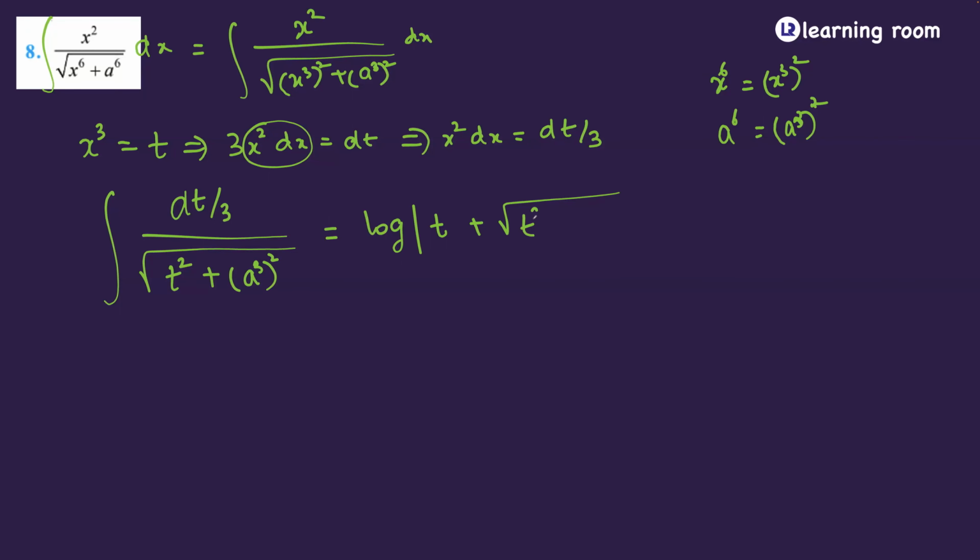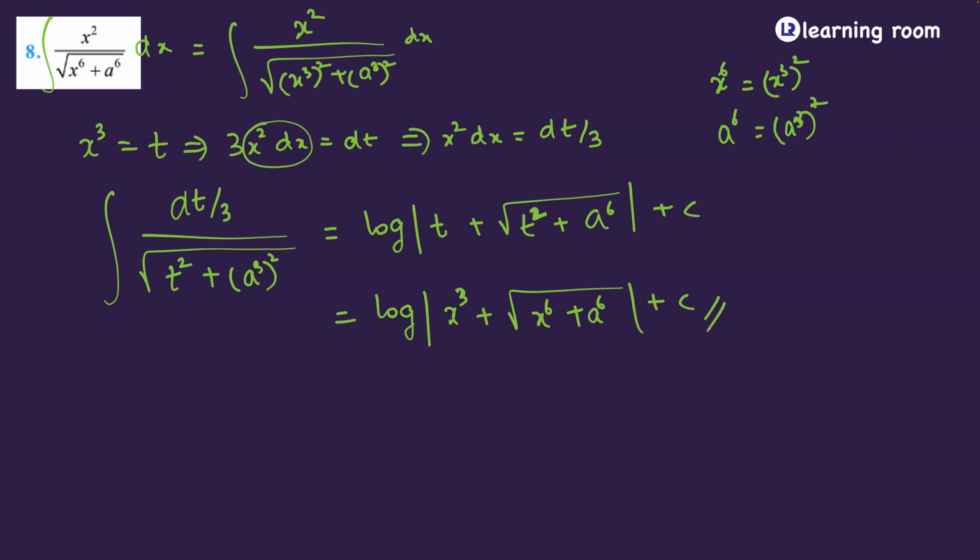So it is t square plus a power 6. Right? Plus c. So this is going to be log of, what is t? It is x cube plus root of x power 6 plus a power 6 plus c.